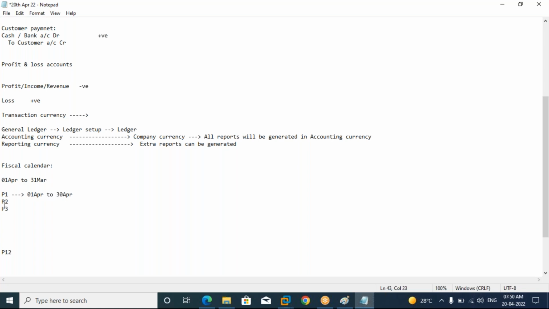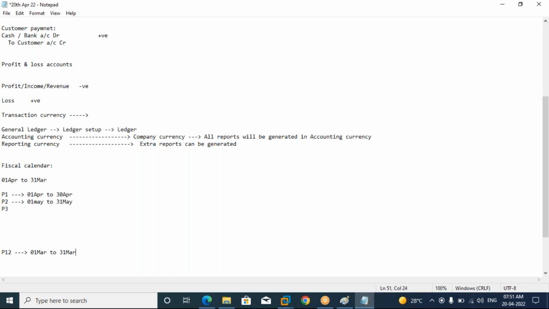Agree? Yes. Period 2 means 1st May to 31st May. And period 12 means 1st March to 31st March.